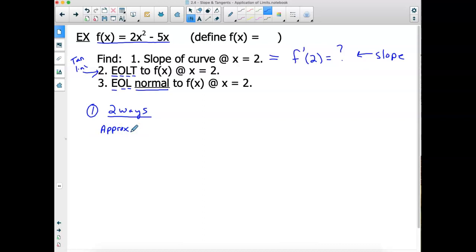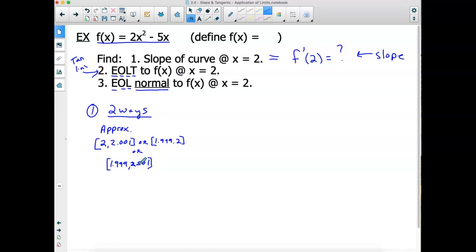We can approximate this with a really small interval around 2, meaning we can approximate it from 2 to maybe 2.001, or we could say 1.999 to 2, or the other way we could do it is we could sandwich that 2 in there and say 1.999 to 2.001.